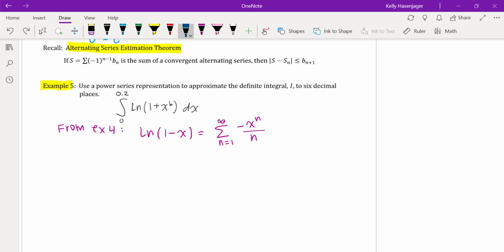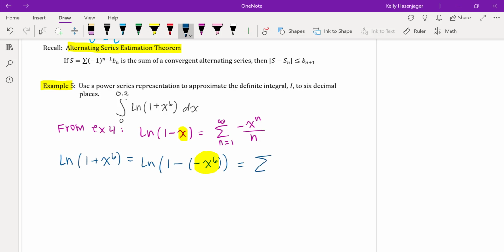So let's try that. We have ln of 1 plus x to the 6th power. We need a minus because that's the form of ln 1 minus x. So let's write this as ln of 1 minus, and then we're going to have negative x to the 6th because we pulled in that negative. So now we have the same thing except we need to replace x with negative x to the 6th power. Okay, we can do that.